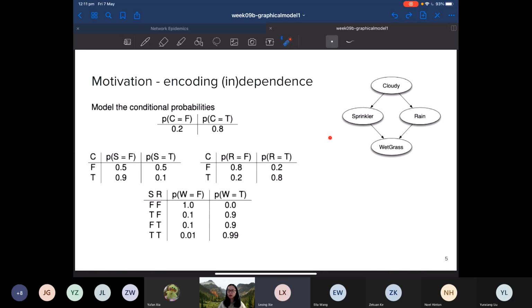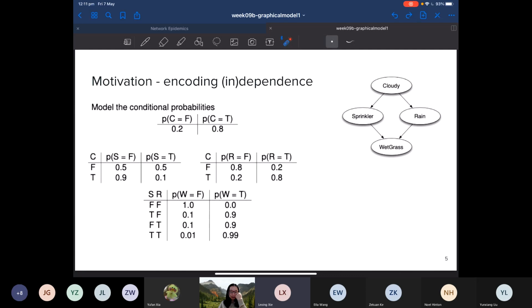Here the scenario can be that we went home and saw that the grass was wet. We did not exactly observe whether the sprinkler has been on sometime during the day, or whether it has rained, or whether it has been cloudy or not during the day, because let's say I'm shut in an air-conditioned office all day.